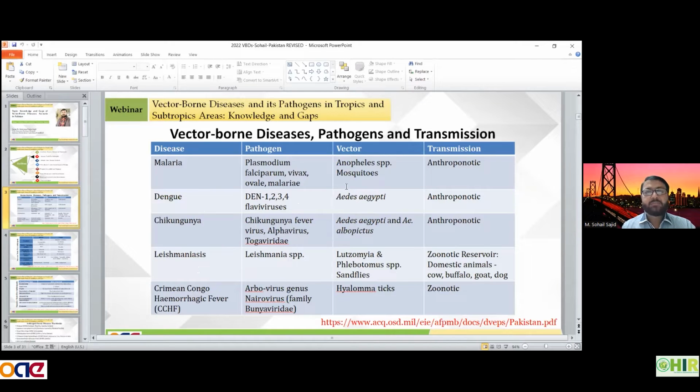The vector for malaria is Anopheles, for dengue it is Aedes aegypti, for chikungunya again Aedes aegypti and Aedes albopictus, for leishmaniasis it is Phlebotomus species of sandflies, and for CCHF it is Hyalomma ticks. So we have a diversified group of vectors which are capable of transmitting a bundle of diseases to livestock as well as human beings.